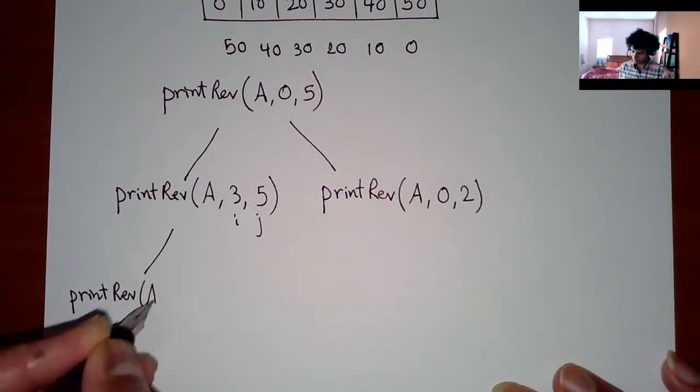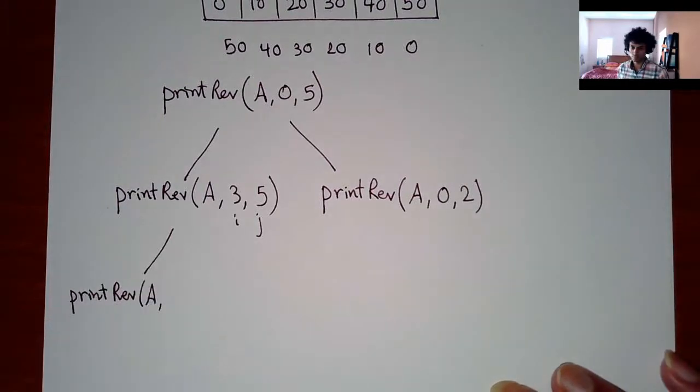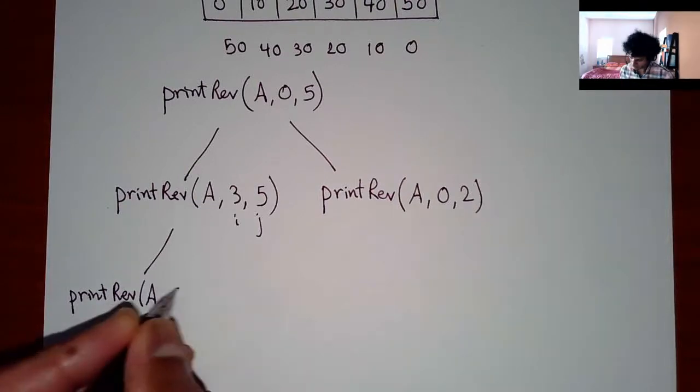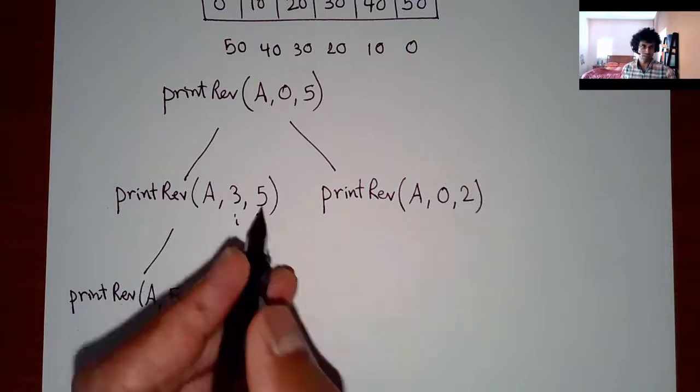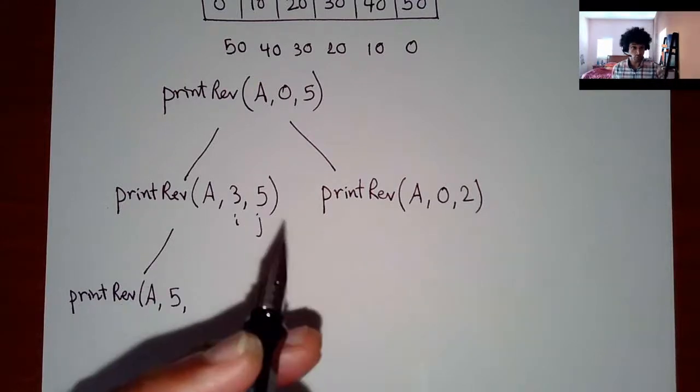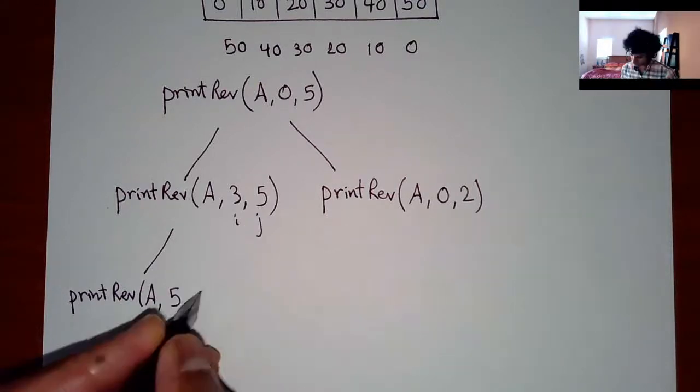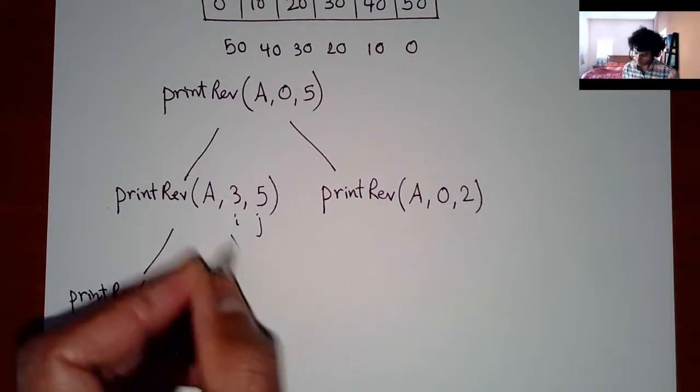What are the parameters? It's 5 and 5, right? Because 5 plus 3 is 8, divided by 2 is 4, plus 1. So 5 and 5. And what about the other call?